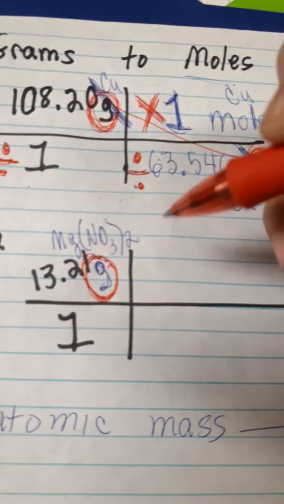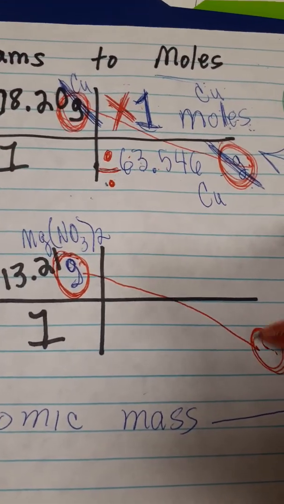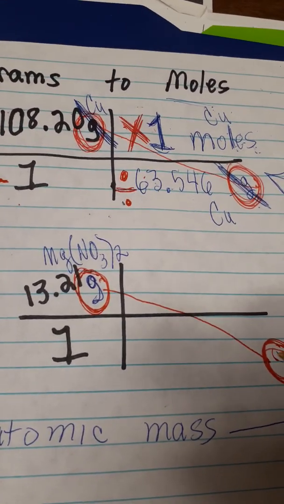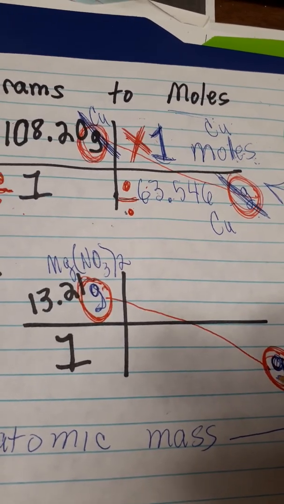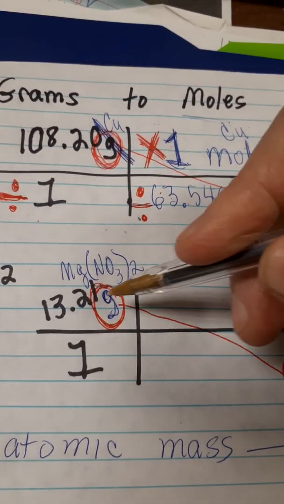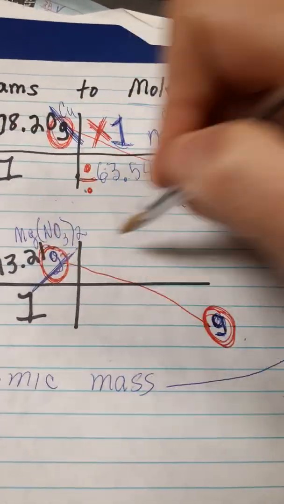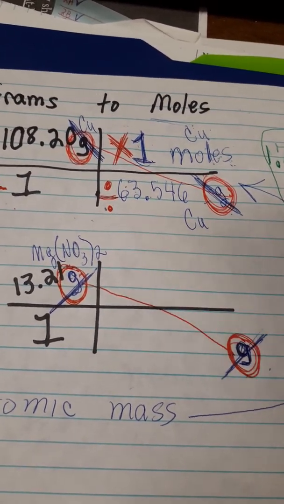So in order to get rid of it, what is here always gets copied down here so that unit will cancel out. Grams and grams cancels.